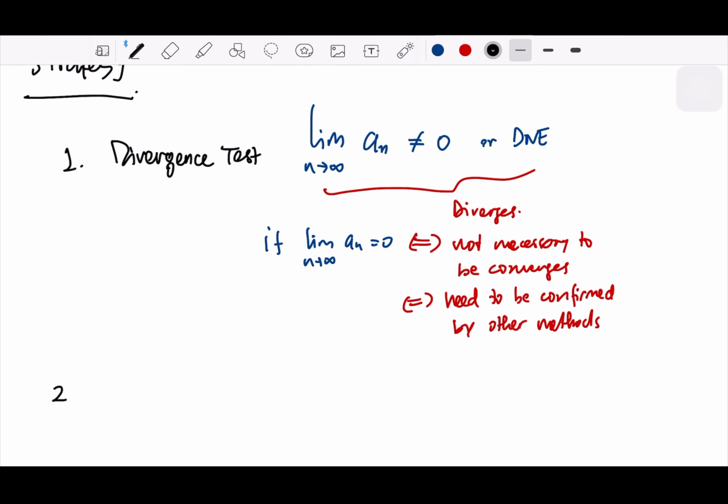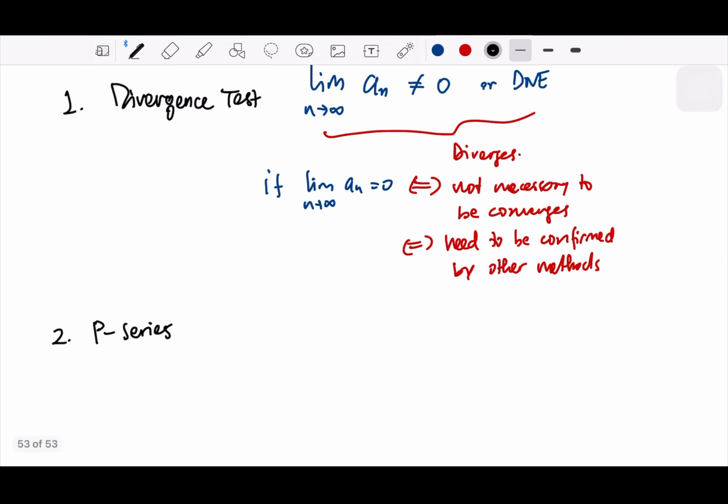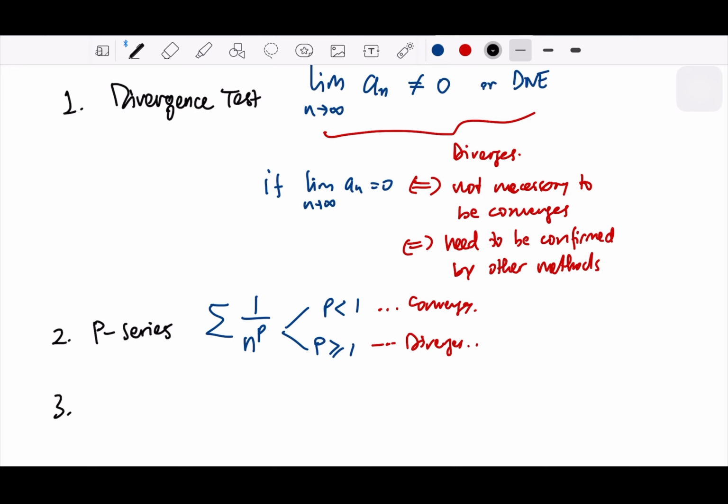Second and third: if you see any p-series in the series that you are going to test, check whether it has 1 over n to the power of p, and then you can check the p to see whether it converges or diverges. If it's not a p-series, maybe it's a geometric series.